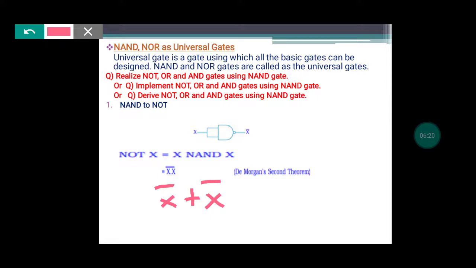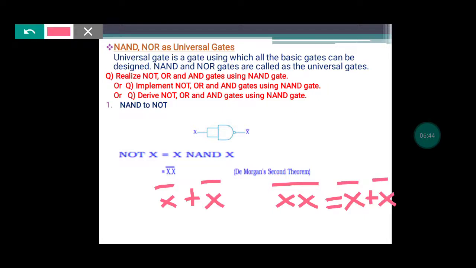Yes, see, in the second chapter we have a theorem called De Morgan's theorem. A scientist called De Morgan proposed two theorems for Boolean algebra. Right now you remember the second theorem: x NAND x is equal to x bar or x bar.